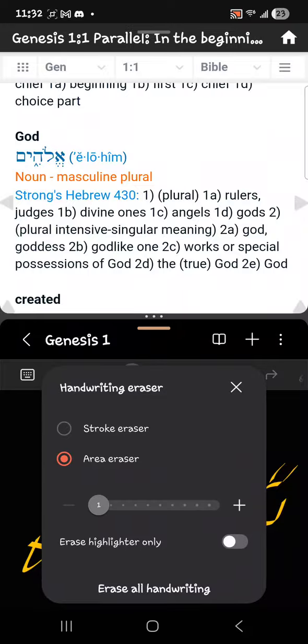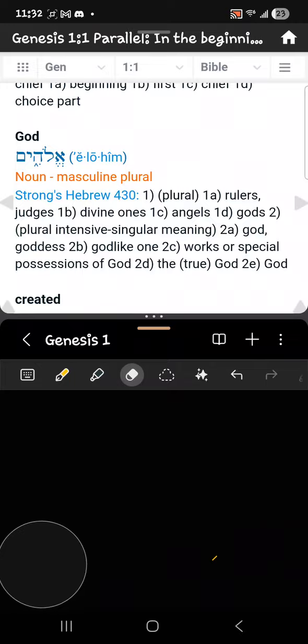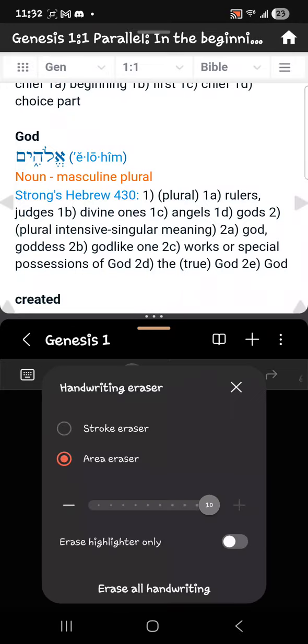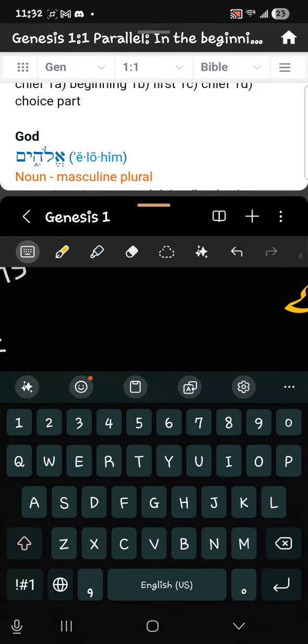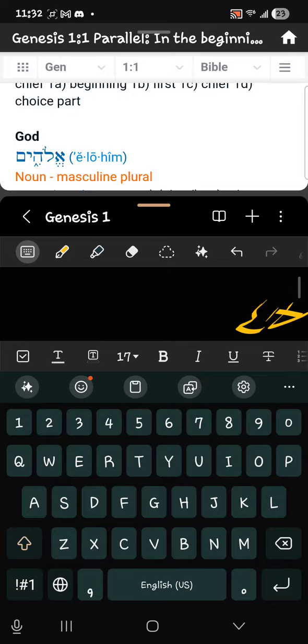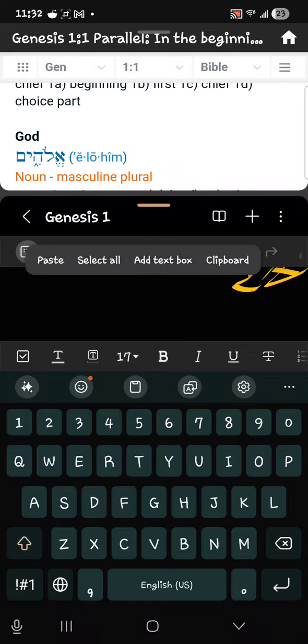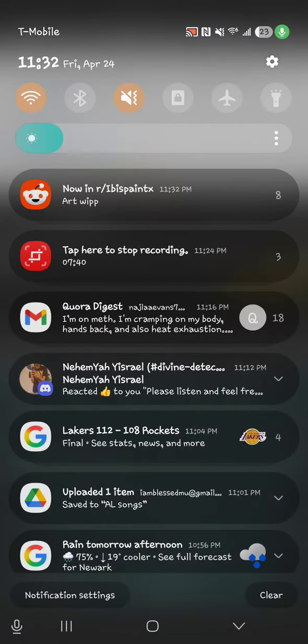Make this a little bigger. Give me a moment, please. Make this a little smaller. Alright. Now let's go. Olive. Okay. This denotes... sorry about that. Let me put my phone on mute.